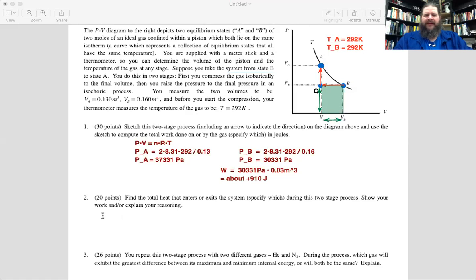What do work and heat have to add up to? Yeah, work and heat have to add up to change in internal energy, which in this case is thermal energy. And since we're talking about the whole process from B all the way to A, what do you know about the thermal energy at B and at A? What's the indicator for thermal energy?